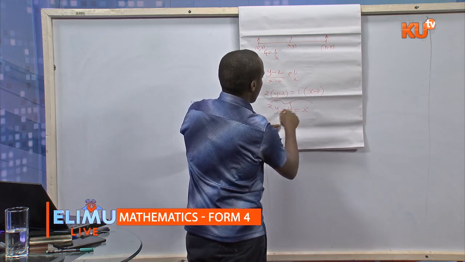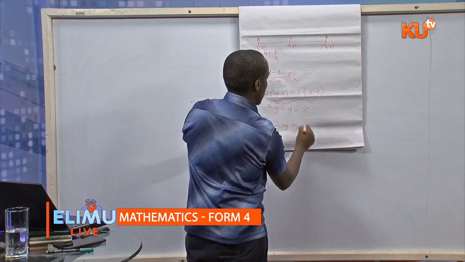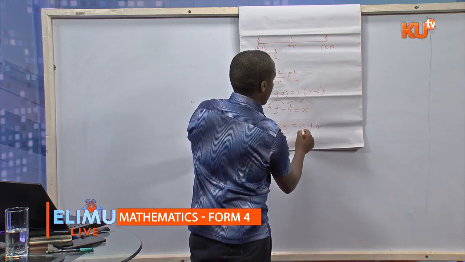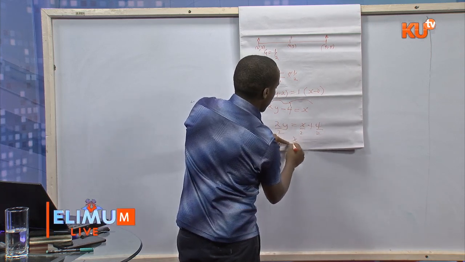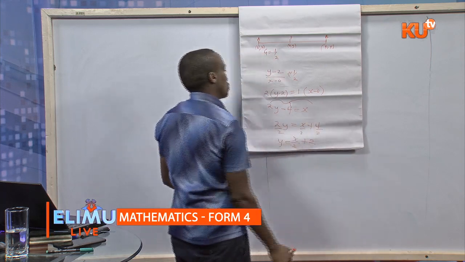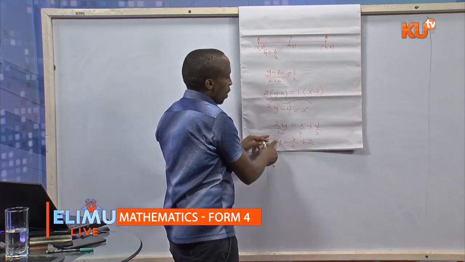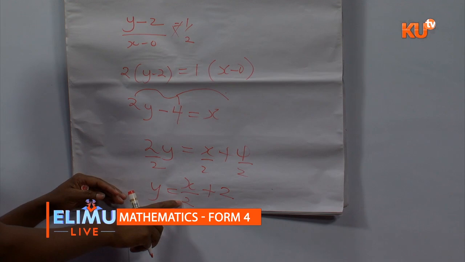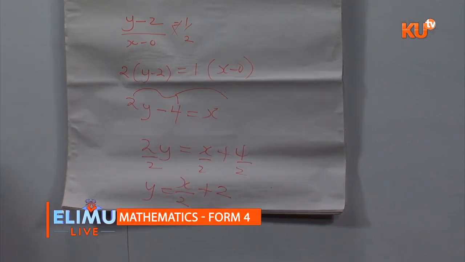So we take the 4 to the other side. So you'll have 2y is equal to x plus 4. We divide by 2. So y is equal to x divided by 2 plus 4 divided by 2, which is 2. So the equation of this line AB is y is equal to x divided by 2 plus 2. That is the equation of our line.